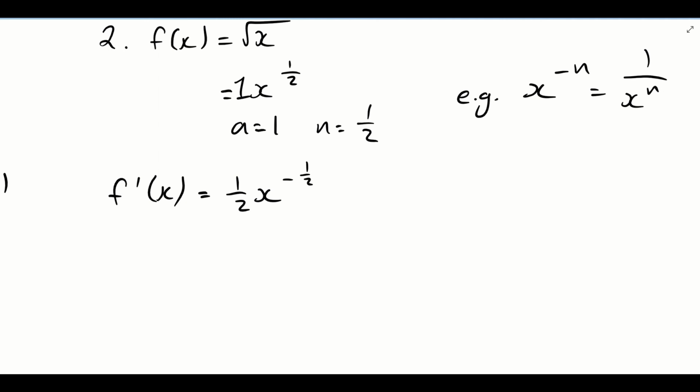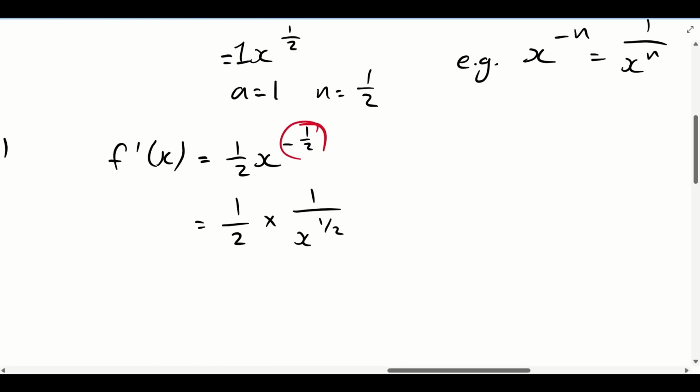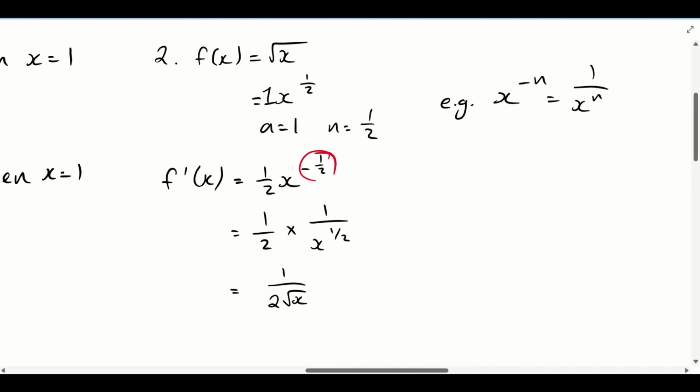In this case, we're looking at this half here, so we can write this as a half times 1 over x to the half. We've moved that negative into a positive by putting it on the denominator. And we know that x to the power of half is the square root of x, a nicer way of writing it. So if we multiply these fractions together, we get 1 on top of 2 root x. 2 times the square root of x.